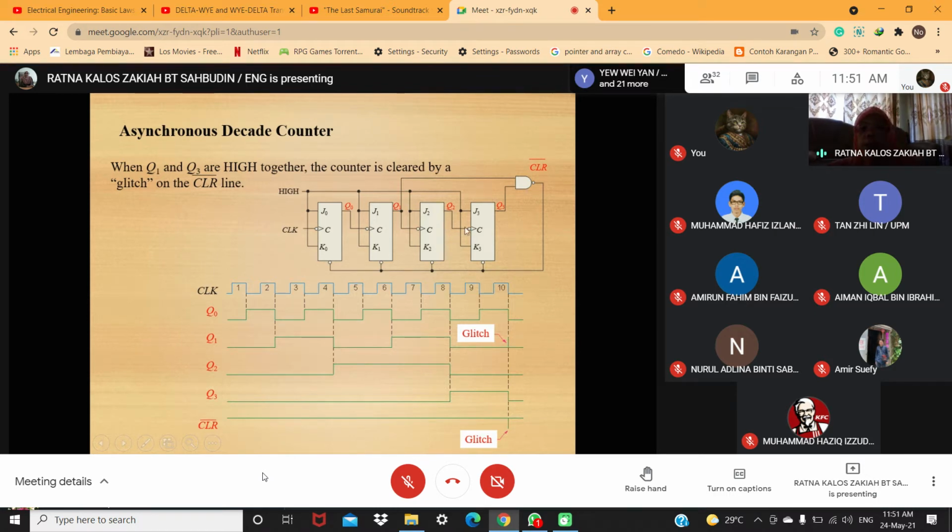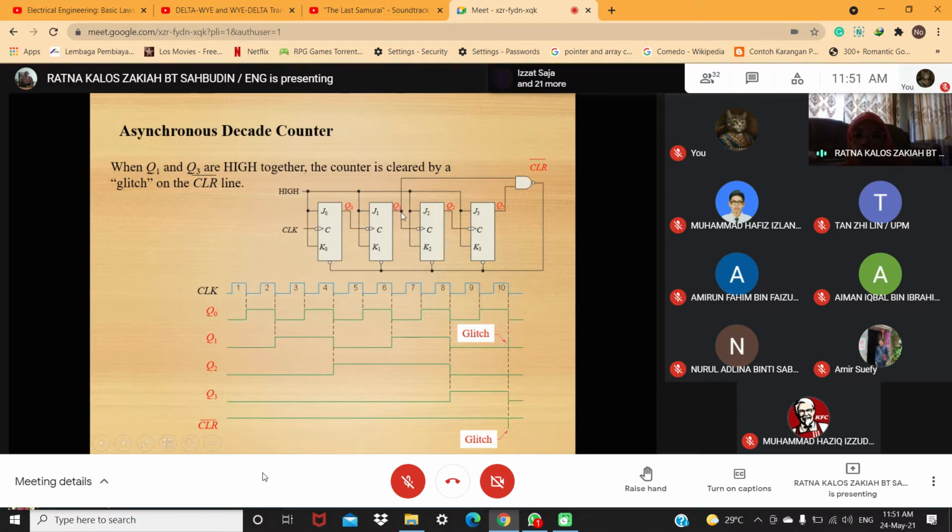And then Q3. Q3 refers to J3 and K3, always toggle, and the clock refers to Q2. So Q2 is here, and you have bubble, so the negative edge is here. It only changes state here. So you have low and then you have high. Okay, this is the max. You see, you have 10 here.